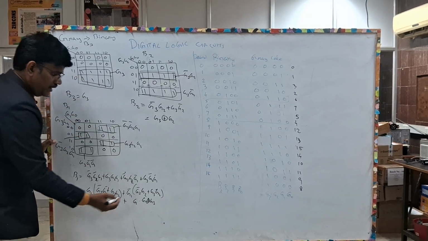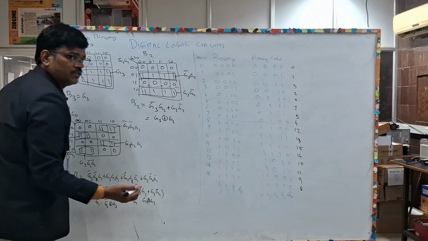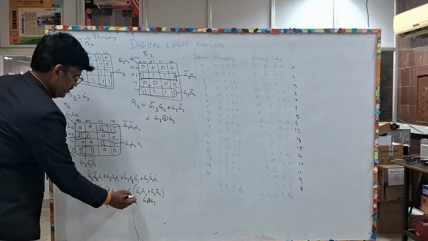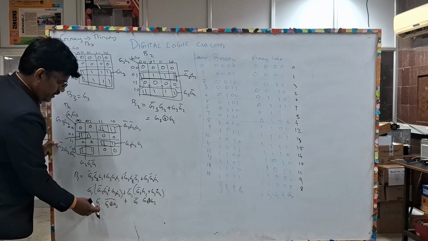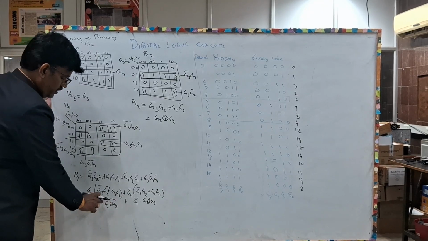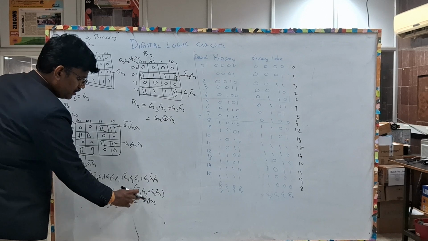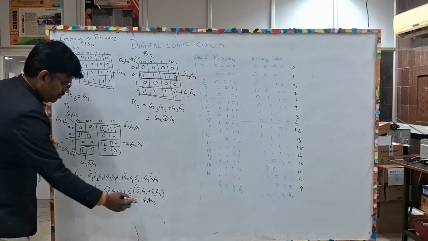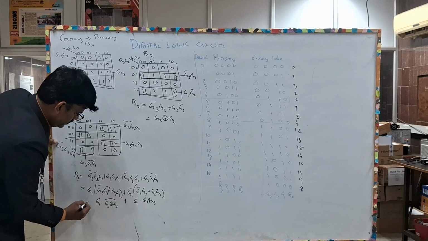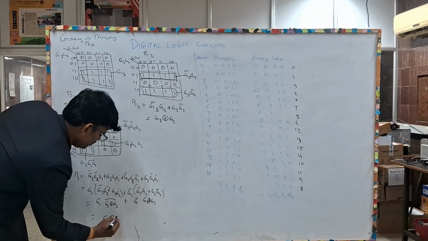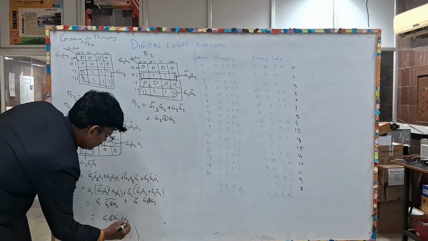Now when you treat G2 XOR G3 as a single variable A, this is A bar G1 plus A G1 bar, which is again the XOR operation. So we have this to be the XOR operation between G1, G2 and G3.